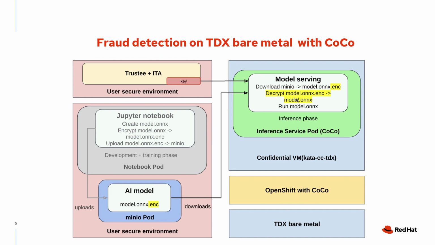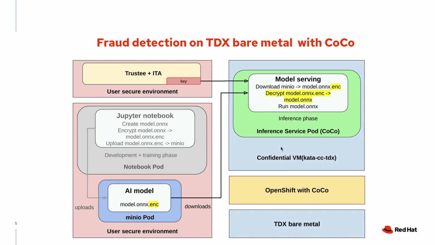So actually, we will mainly talk about how we get this decryption key from the Trustee secret and ITA. I will show the workflow later. After the AI model is decrypted successfully, then we can run this model. Also, in today's demo, we will run the model serving pod inside the confidential containers.